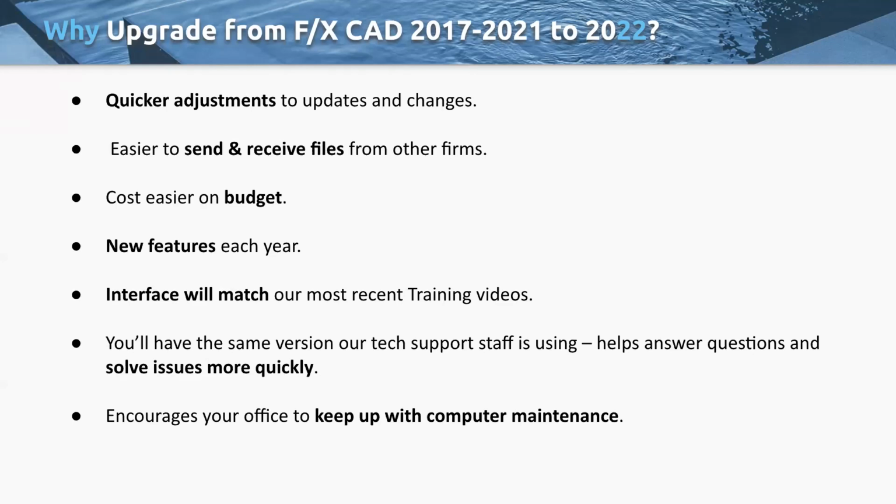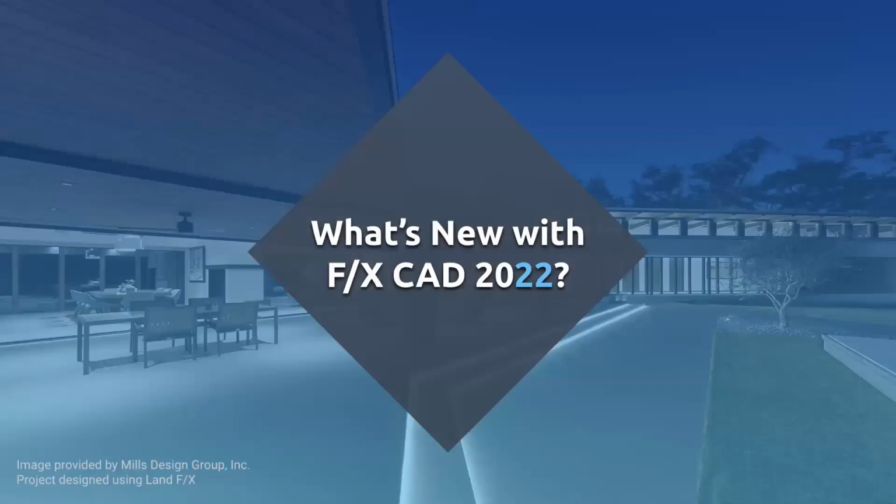Instead of 500 each year, it'd be 995 every 2 years. And then it would also help encourage you to keep up with your computer maintenance, because an old computer won't necessarily run a very new version of FX CAD, and you kind of want them to go together hand in hand.